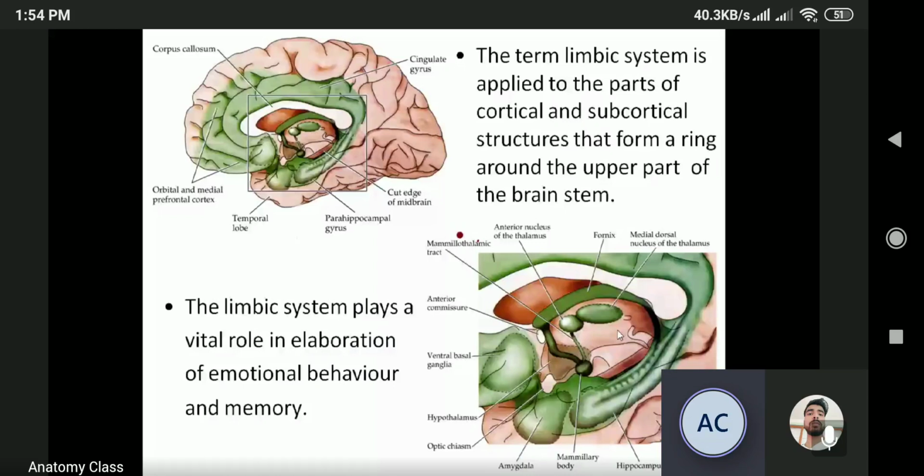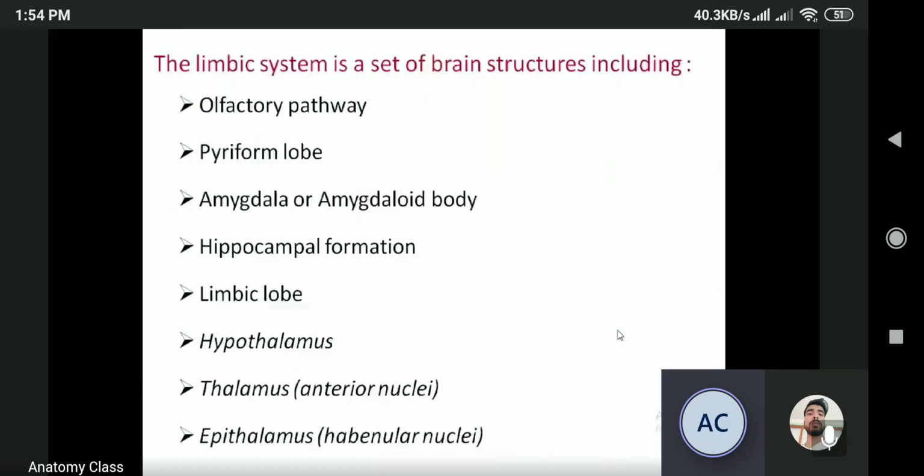So this limbic system includes a set of brain structures: the olfactory pathway, piriform lobe, amygdala, hippocampal formation. This piriform lobe includes the uncus and entorhinal area. We already have studied about different gyri and functional areas of the cerebral hemisphere.